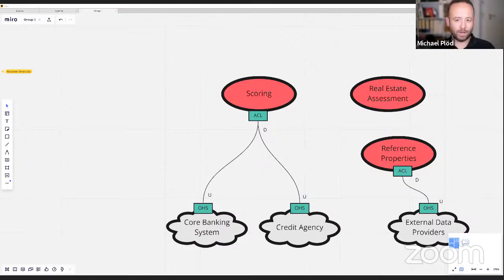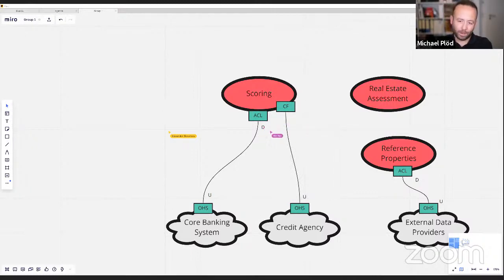Think about another thing. One bounded context provides computations of values which are highly regulated, like a collateral value, for instance. That's a highly regulated figure in the mortgage loan business. Do I want to allow others to mess around with that stuff? Maybe not.